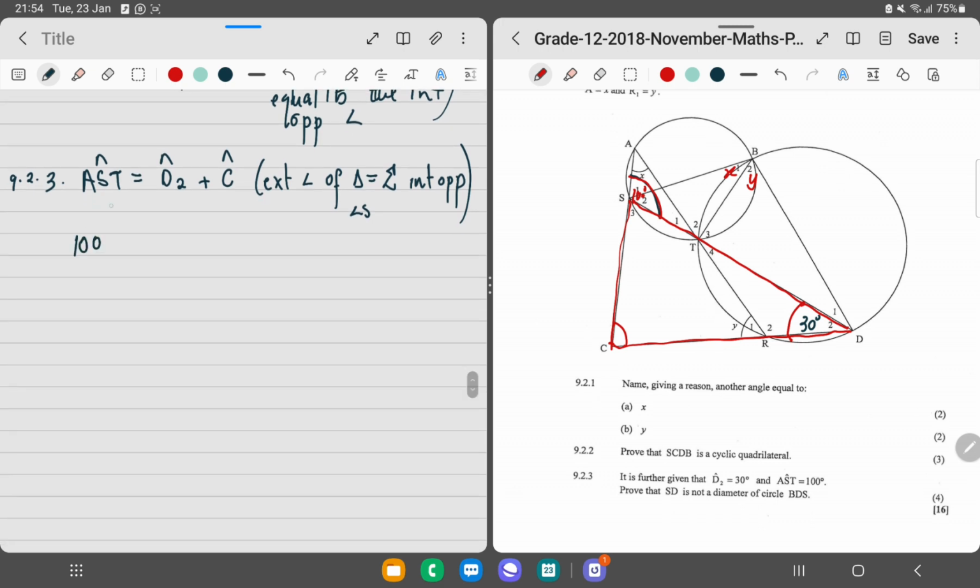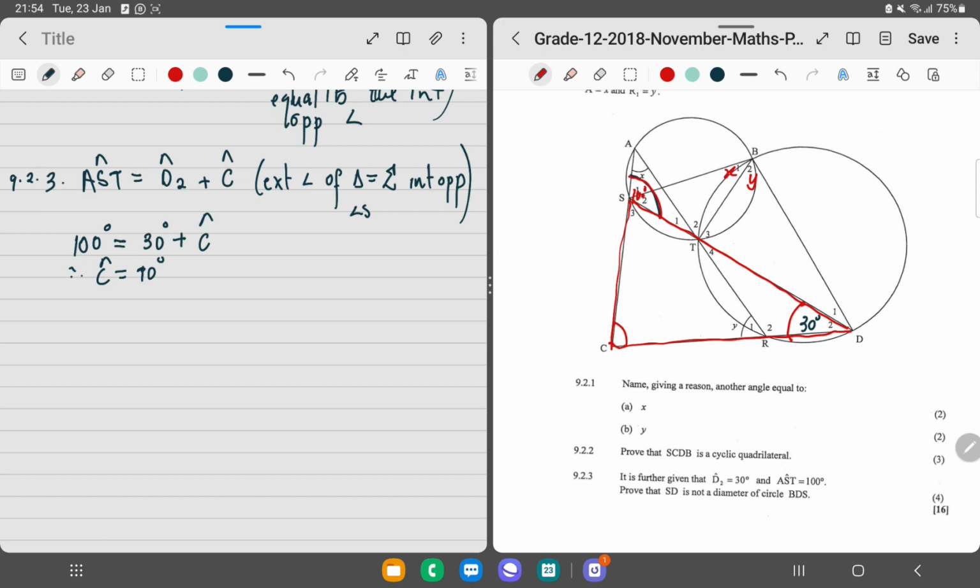This is 100, D2 is 30 and then C. So it means that C is equal to 70 degrees.